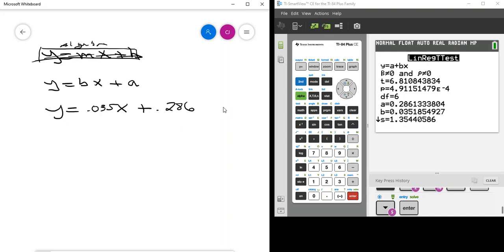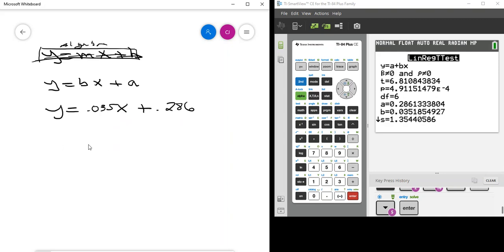But initially, we're just going to talk about prediction, right? So this is a prediction equation. And what's the prediction equation for? Well, our data was about sales and profit. So we could put in here sales and then calculate what the profit would be.